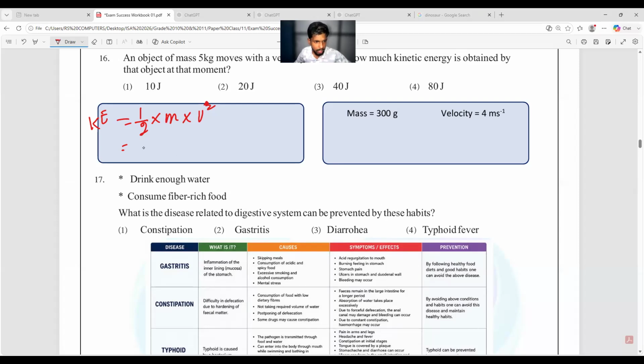Okay, half into mass, that is 5 kilograms. Velocity is equal to 4 into 4. Answer will be 40 joule.